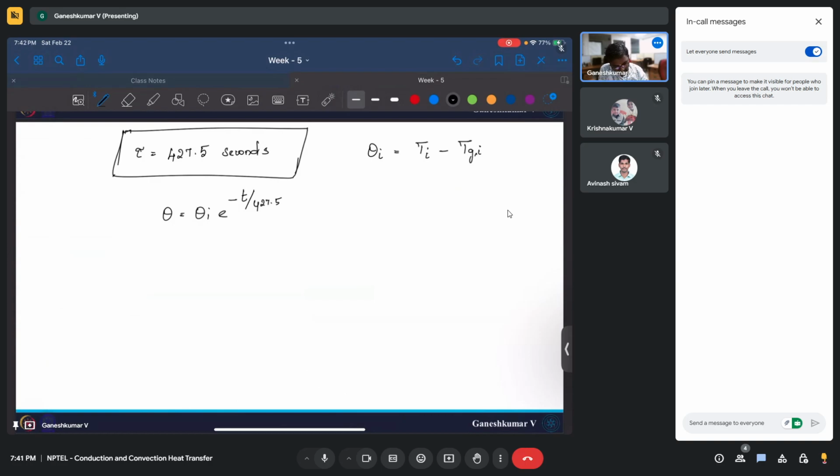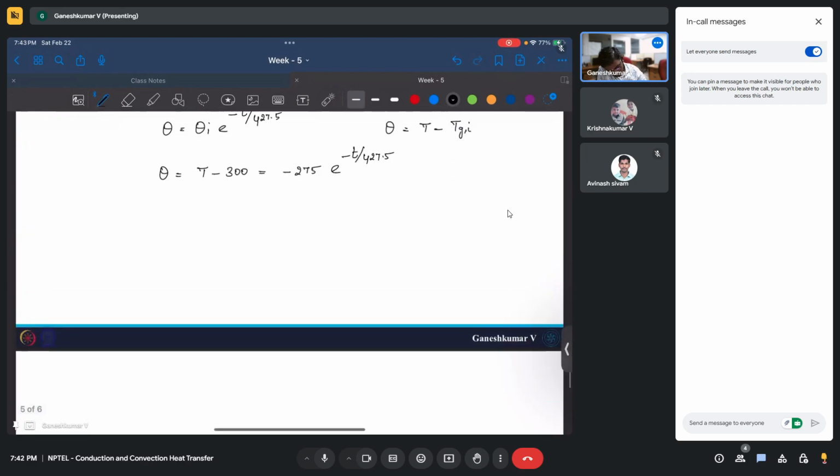So that's why I took T_i, which is going to be 25 minus 300, which is minus 275 degrees Celsius. So you can write theta, and what is theta? Theta is equal to t minus t infinity, so you can write this as t minus 300, which is equal to minus 275 e power minus t by 427.5.